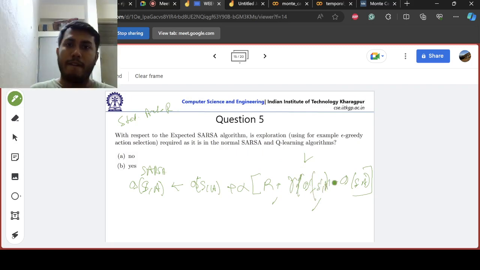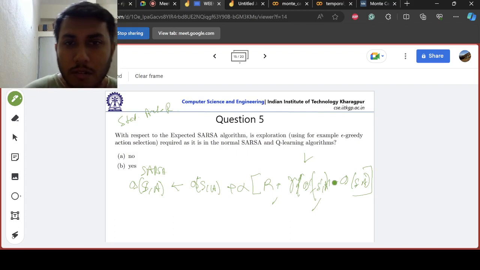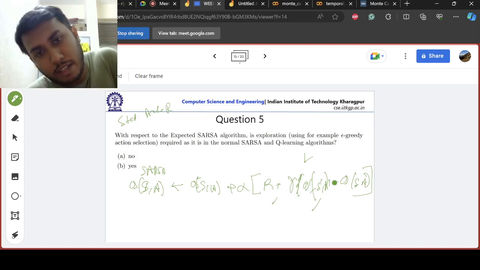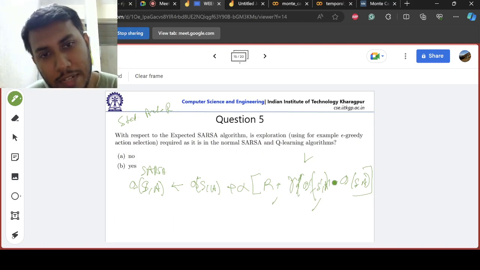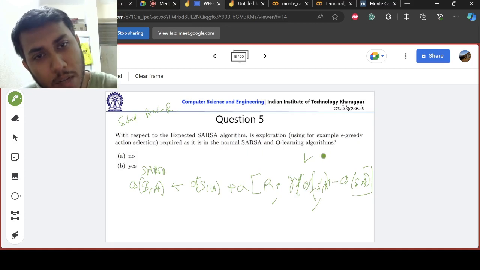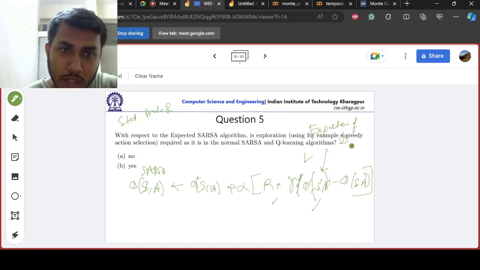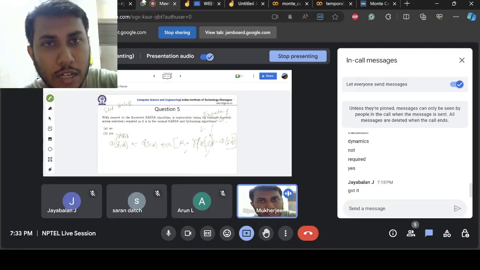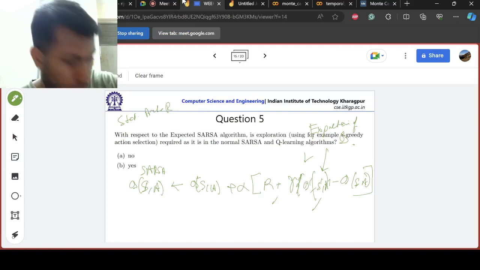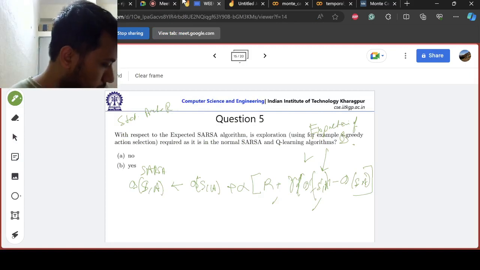Okay, fine, cool. Now in expected sarsa, what happens, instead of directly putting this Q value of the next state, you can put an expectation value, expectation of Q. Instead of directly putting the Q function, what you put is an expectation of Q, and that is called expected sarsa.